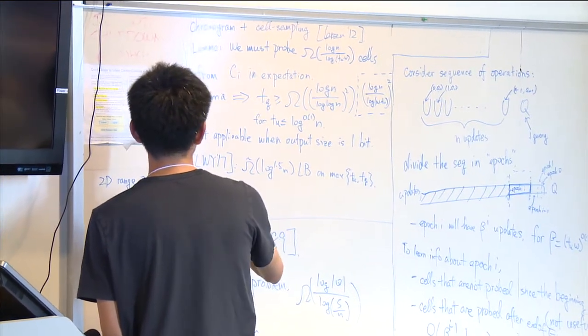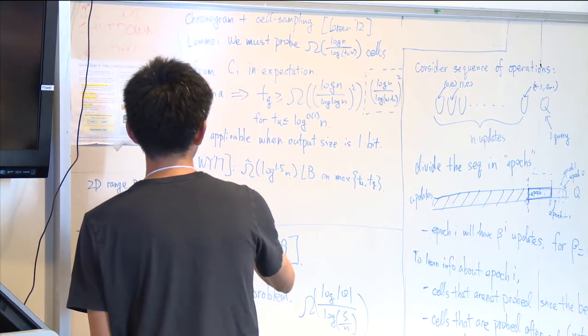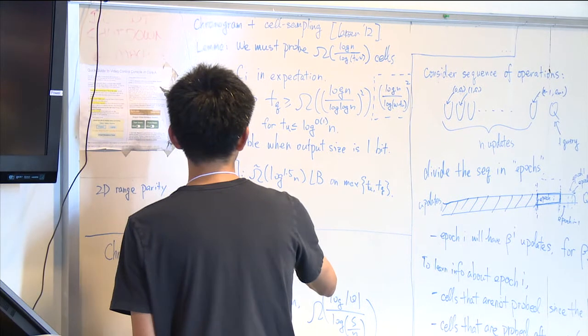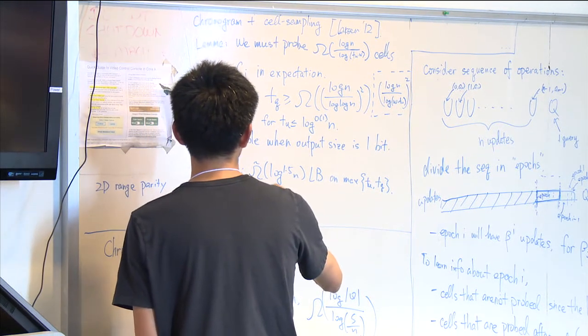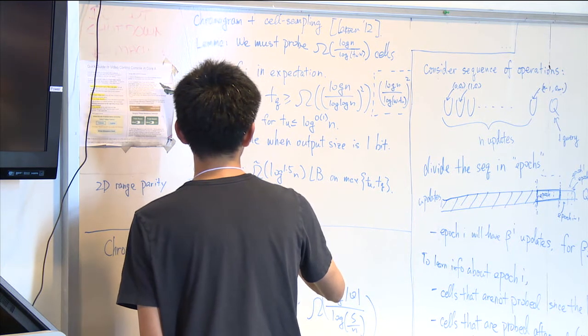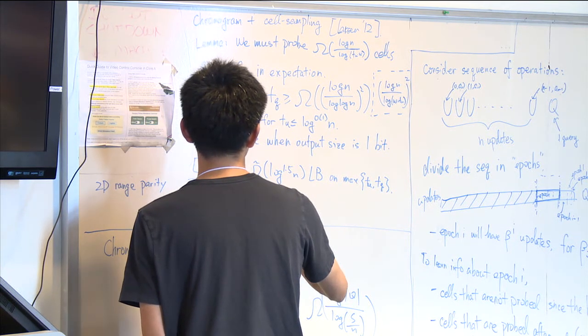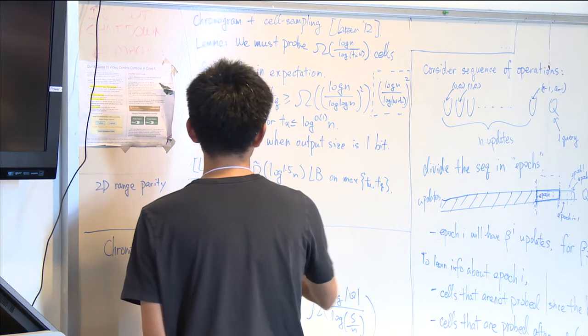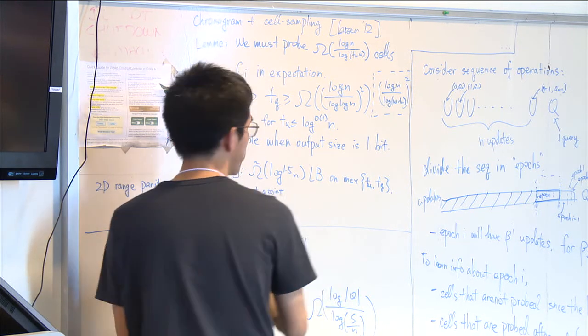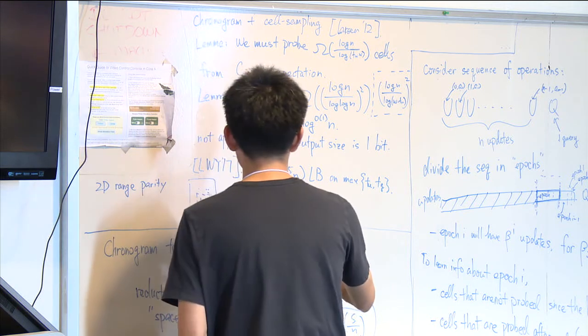So that's the problem where we maintain a set of points on the plane, and then we can insert a point, or we can make a range query. Basically, we're given a rectangle and ask what is the parity of the number of points in there.